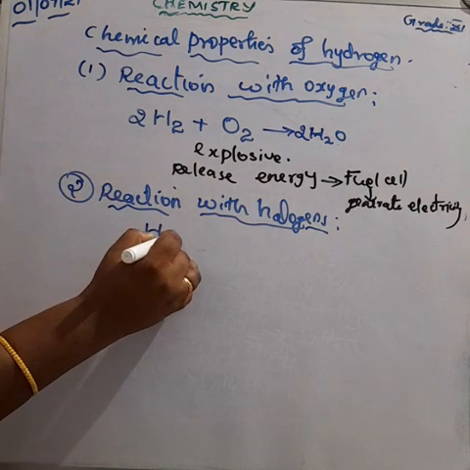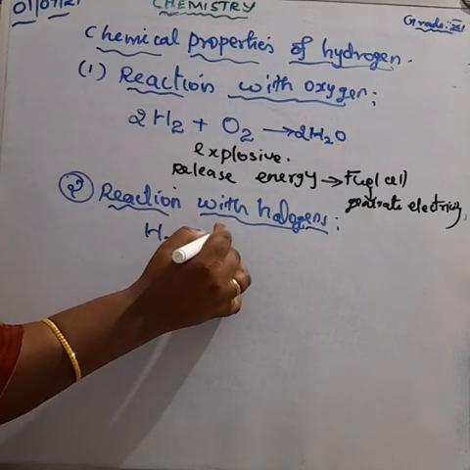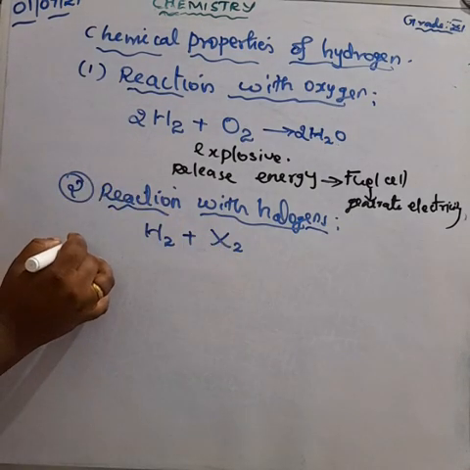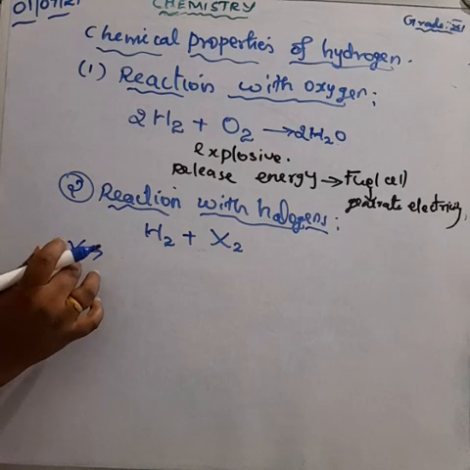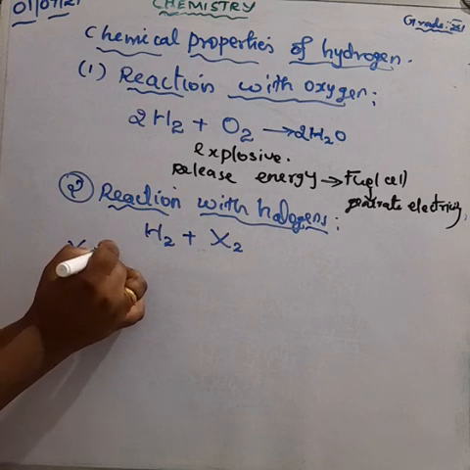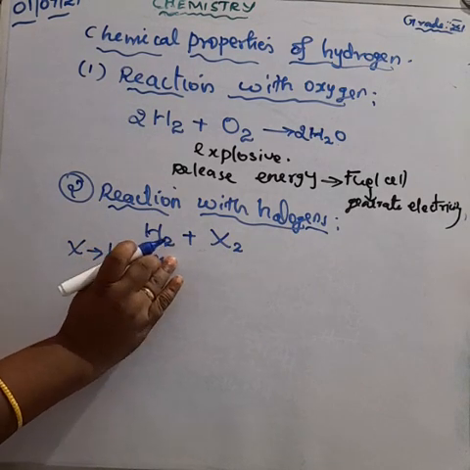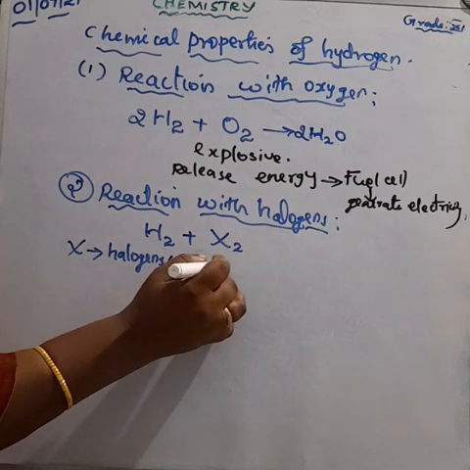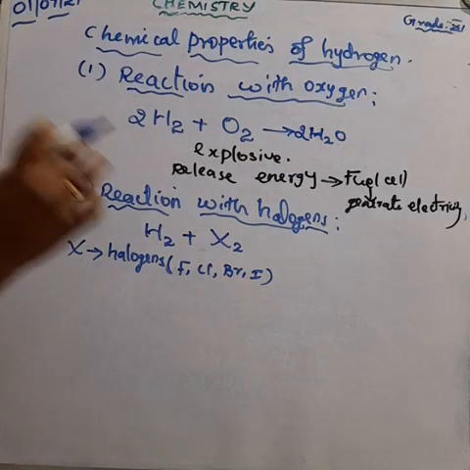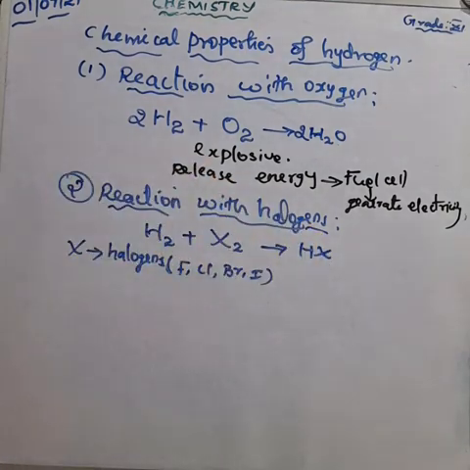Here, hydrogen H2 plus halogen, I am taking X2. X2 means halogen. What are the halogens? X means fluorine, chlorine, bromine, iodine. When hydrogen combines with halogen, it forms hydrogen halide, HX.